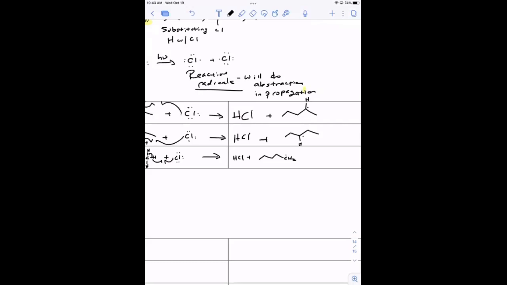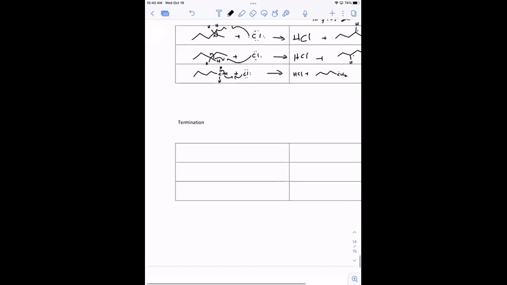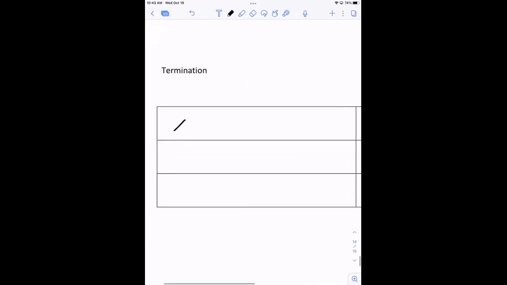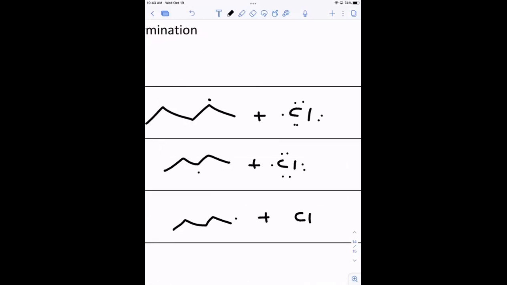And now let's take our radicals from the propagation step, and we're going to put them right down here, where it says termination. So it's going to be this plus Cl radical. And this one plus the chlorine radical. And it'll be this one plus a chlorine radical.